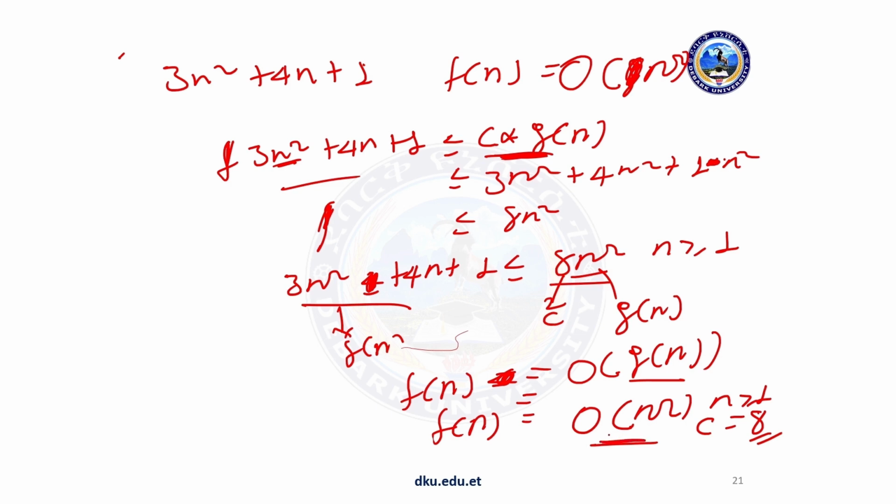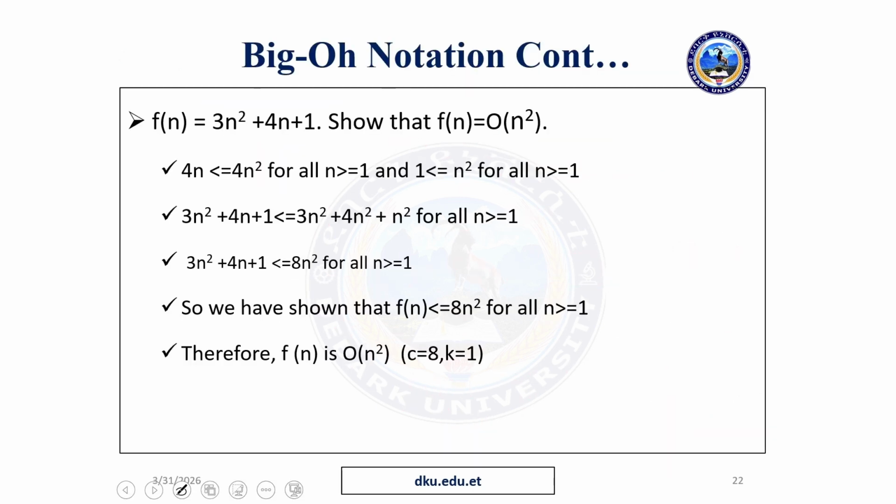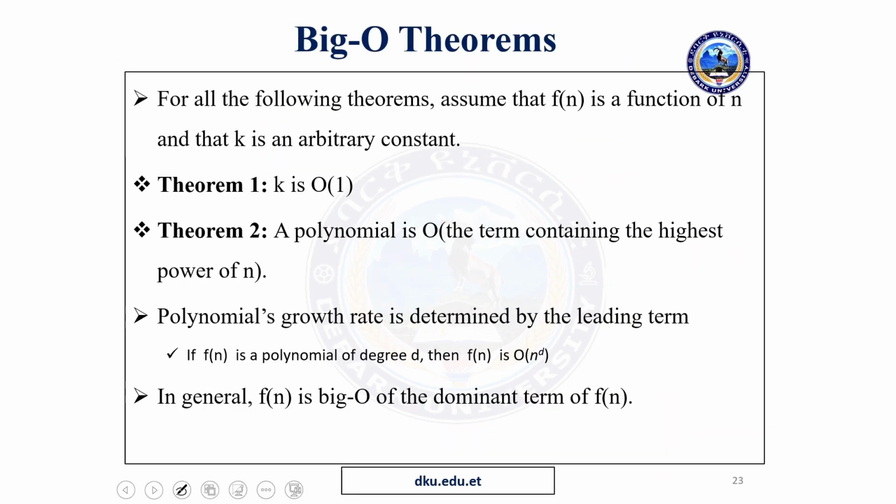So we can represent this time complexity class, it belongs to n square. Okay, this is how we use big O notations.